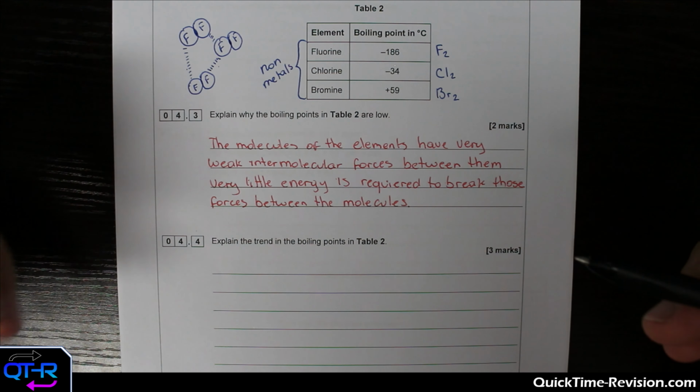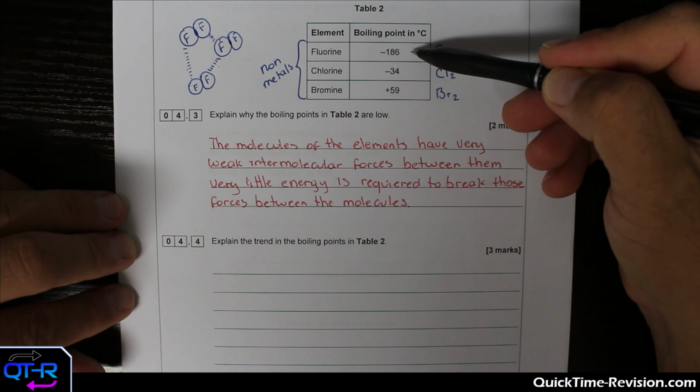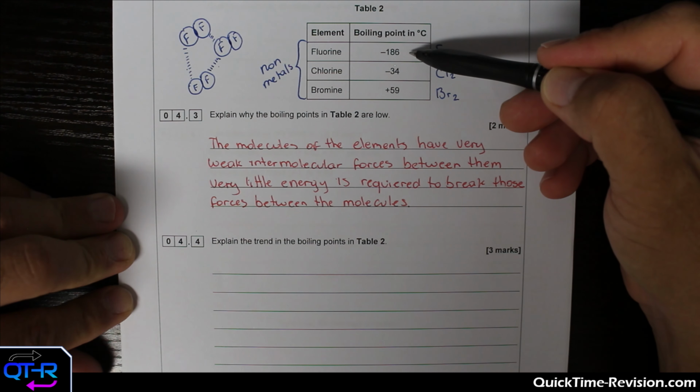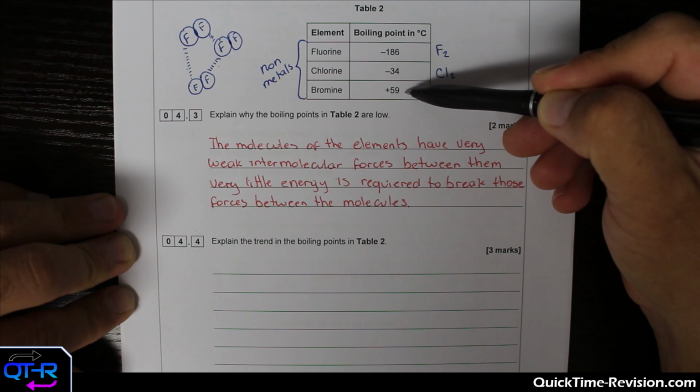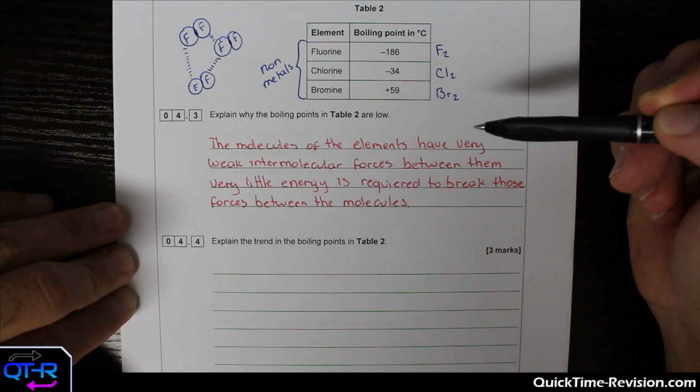And that is the reason why, as you're going down the group, because the atoms get bigger, those intermolecular forces also get stronger. Therefore, they need more energy to be broken apart and separate those molecules from each other. So let's write this down.